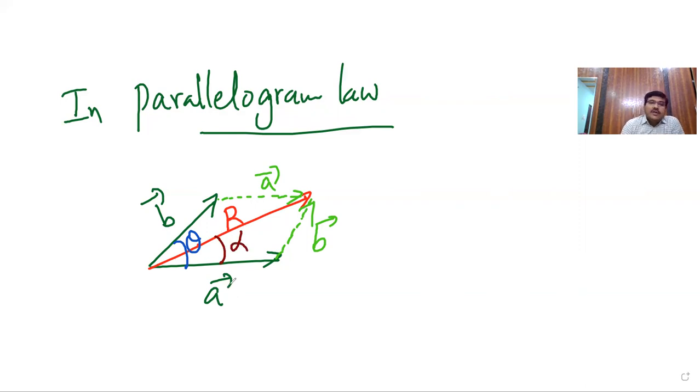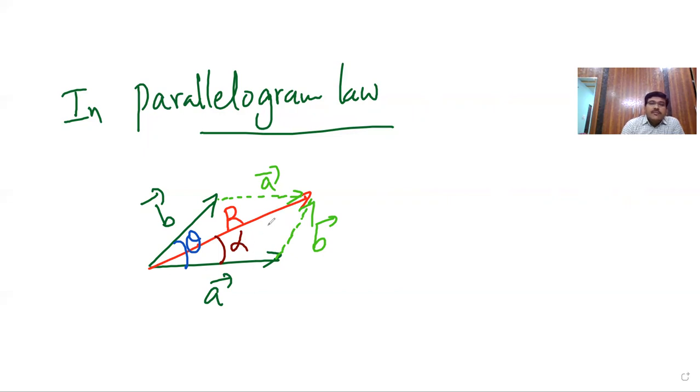Have clarity: theta is the angle between a bar and b bar, and alpha is the angle of R with a bar.